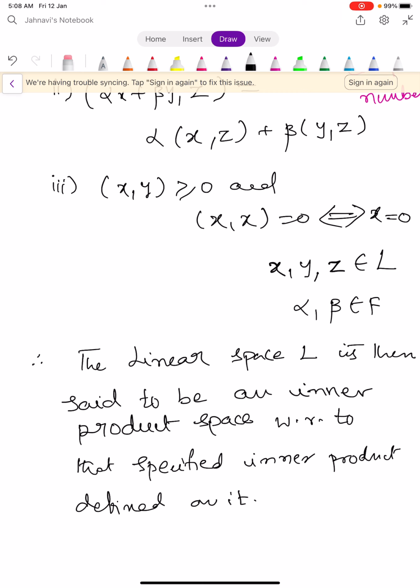Let us see the definition of inner product space again, because it is a very important definition in Hilbert spaces. Depending upon this inner product space, we learn Hilbert spaces.